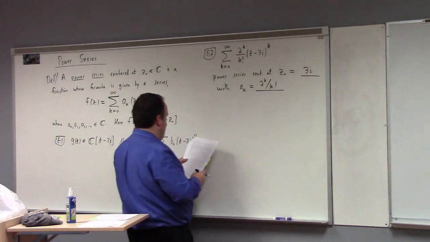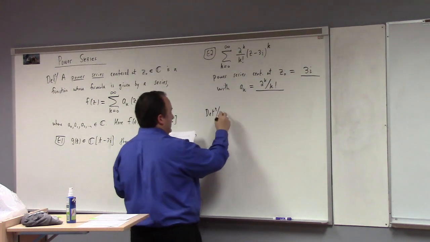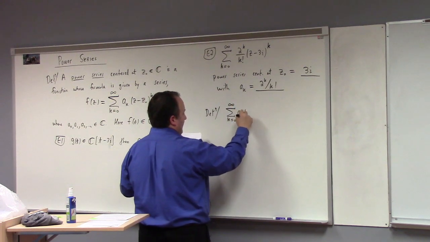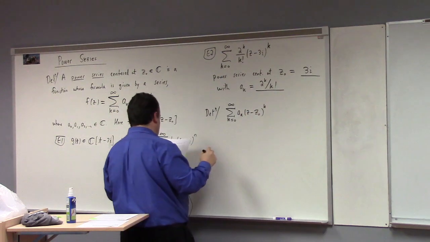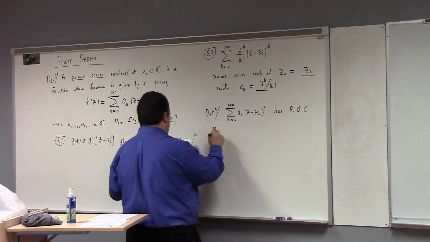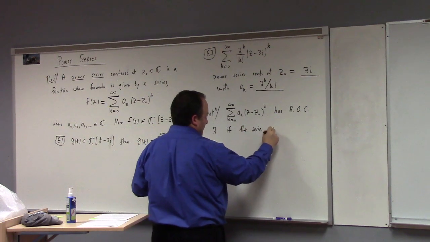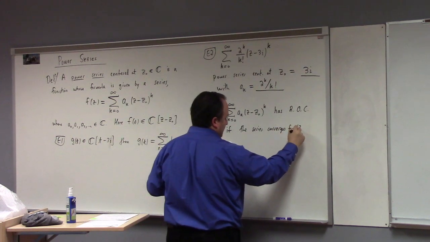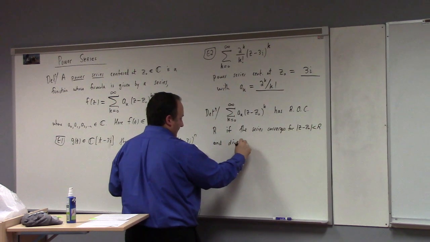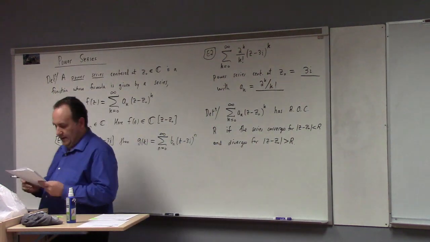And so, in particular, we can make the following definition meaningfully, which is that the sum k equals 0 to infinity of a sub k z minus z naught to the power k has radius of convergence, which I'm going to abbreviate ROC, R, if the series converges for modulus of z minus z naught less than r and diverges for modulus of z minus z naught greater than r.